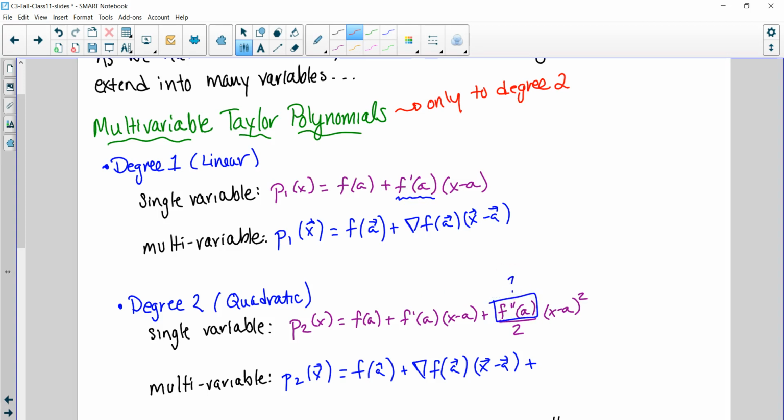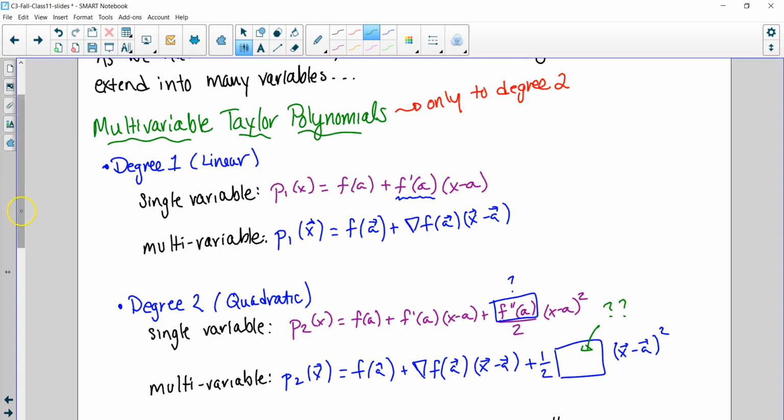I don't quite know, but I'd probably still have that 1/2 out there, and then there's going to be an unknown thing. We haven't discussed the second derivative yet. And then we would just have the vector x minus vector a. So by the end of these videos, and it's actually the very last one, we want to find out what that second derivative analog in the multivariable case is.